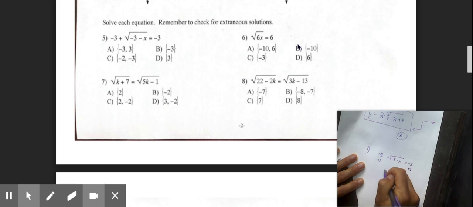Square both sides to eliminate the square root symbol. Then solve using inverse operations. Add 3 to both sides and divide by -1. And I get my answer of -3, which is one of the choices, choice B.